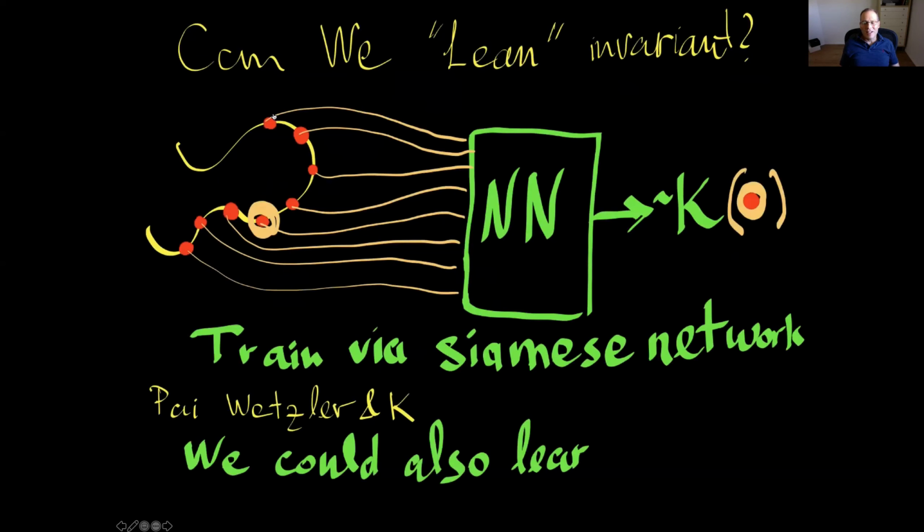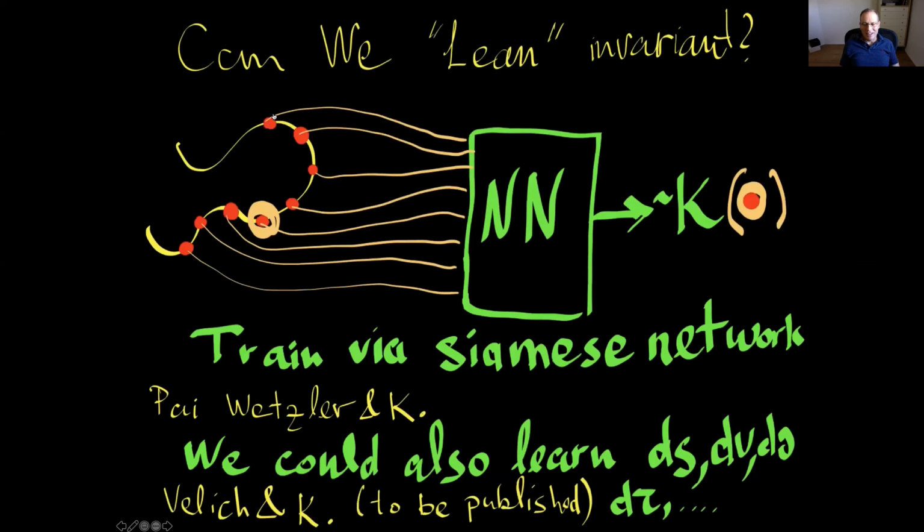The question is, can we now use the idea of learning, of having convolutional neural networks, or a function that is doing the same thing, in order to compute the curvature or some signature of the curve? And the first answer was yes.